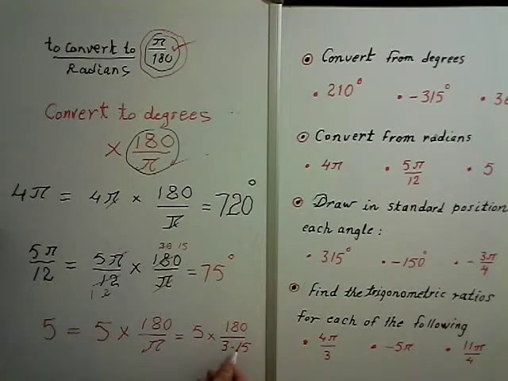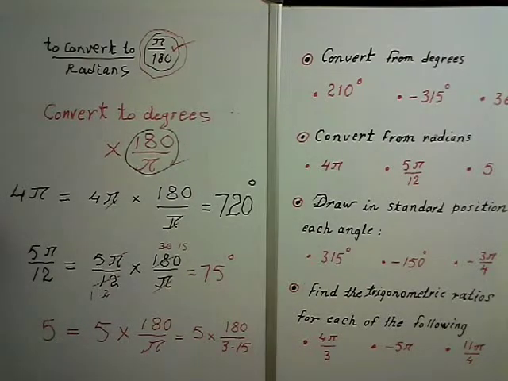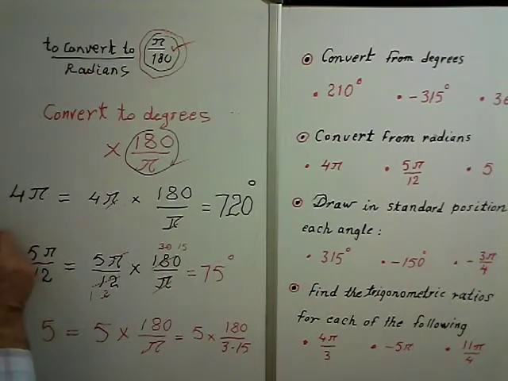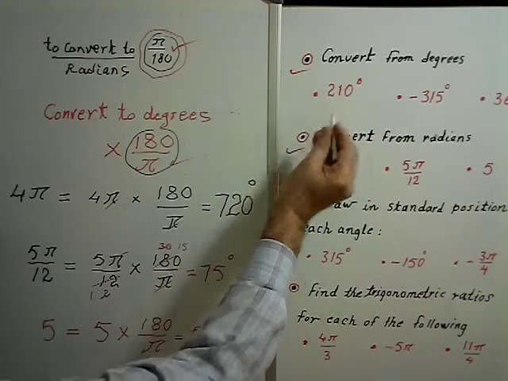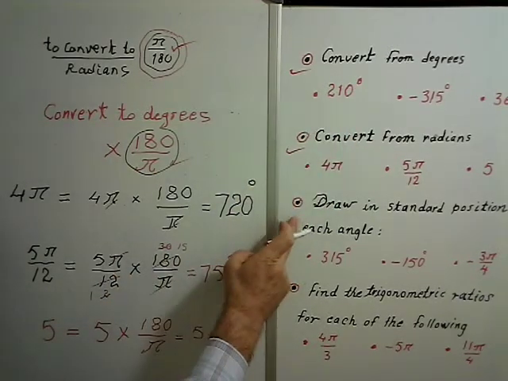It's actually 3.14 and so on, so I just wrote it like this to make it easier. But you have to write it accurately, and then do the calculation to get the accurate value in degrees. Okay? So that's it for these two questions. Now let us go to the third question.